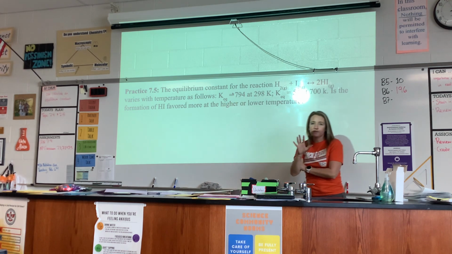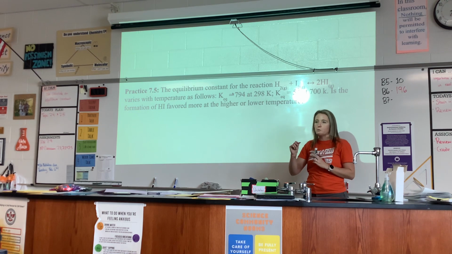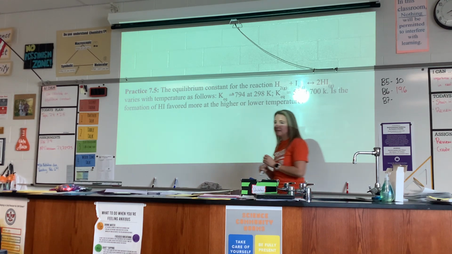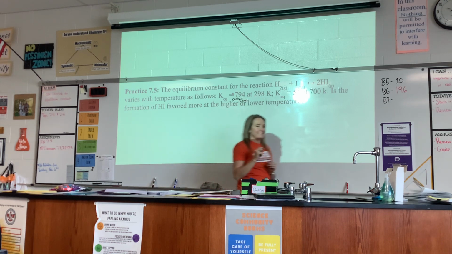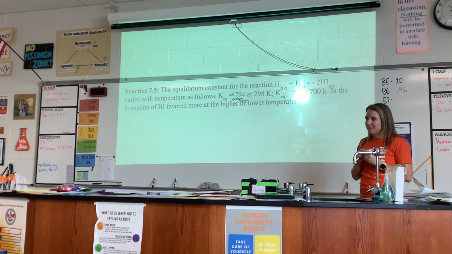When a problem gives me the K, as I'm reading, I label it really quickly. What is that number telling me? What is it telling me if its K value is 794? I label my K if it's given straight away, because it's probably going to come into play somehow.